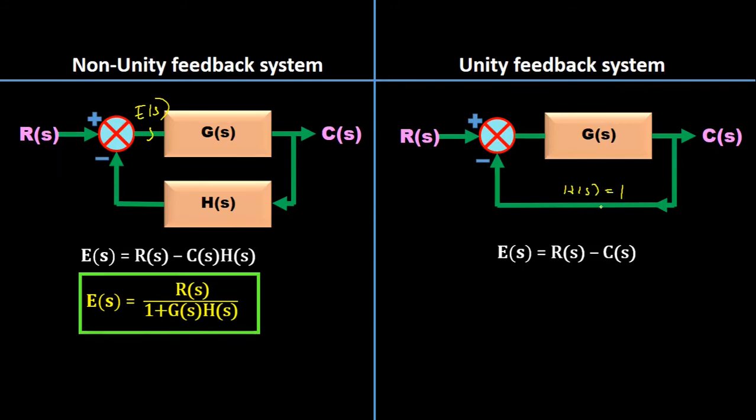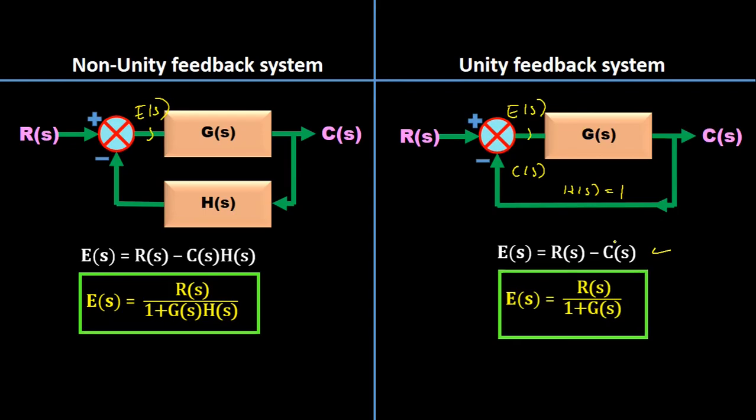The feedback signal in the unity feedback system will be C(s), directly applied to the summing point. So E(s) will be equal to R(s) minus C(s). When we put H(s) equal to 1, we get E(s) is equal to R(s) upon 1 plus G(s).